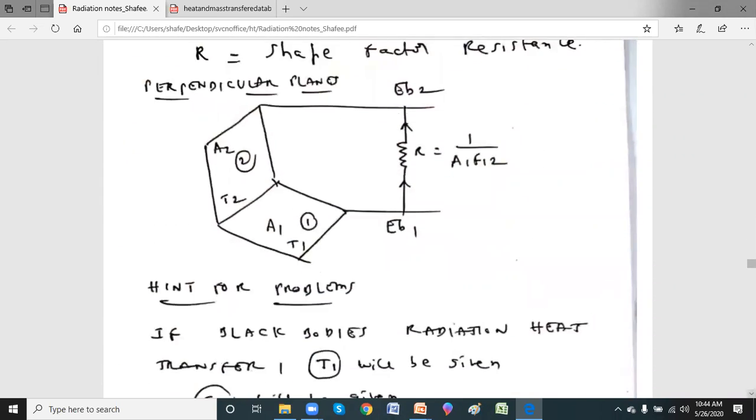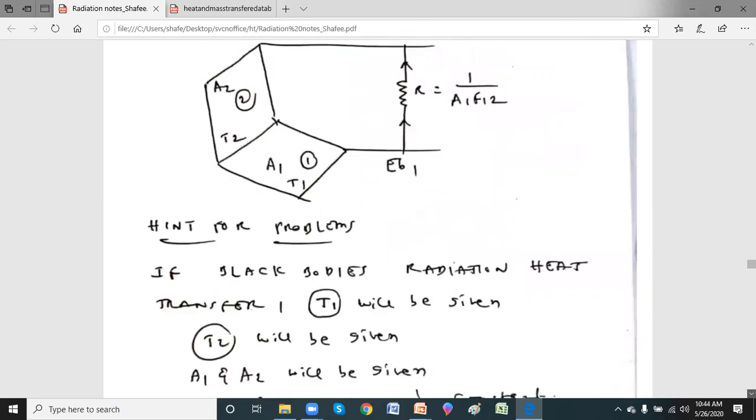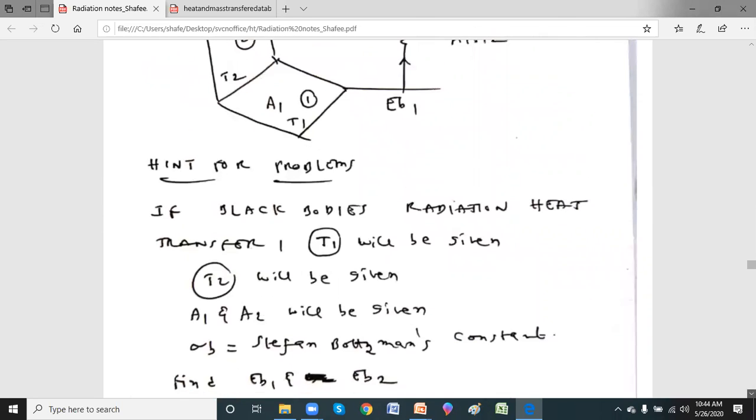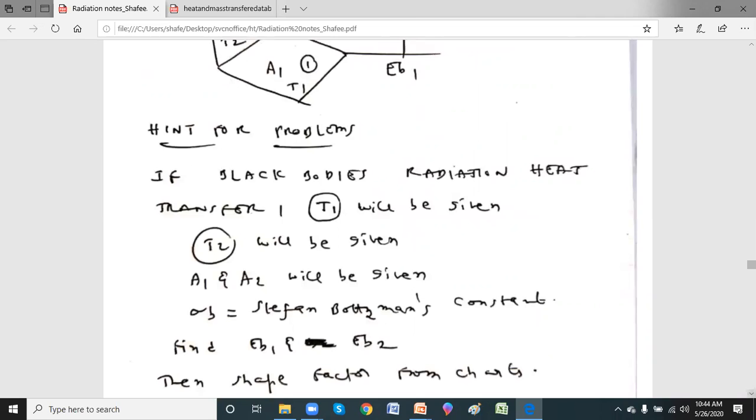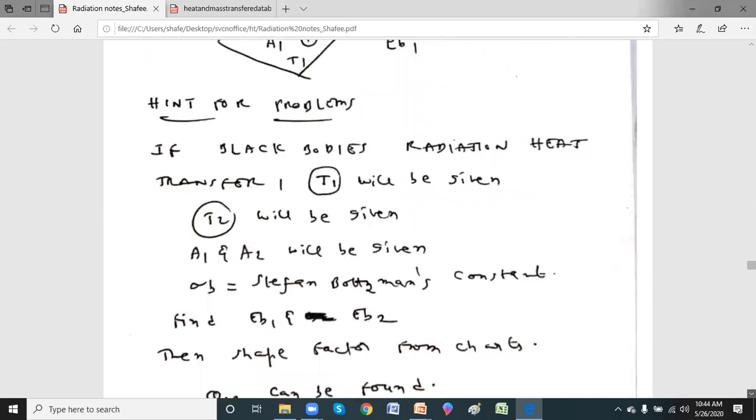Similarly, we have seen how to draw the network problem based on perpendicular rectangles. So I have given a hint on how to solve problems based upon radiation heat transfer between two black surfaces and what is known as the shape factor resistance.